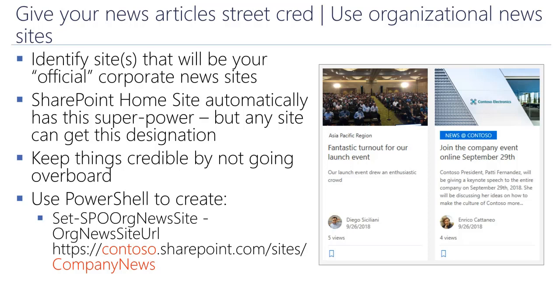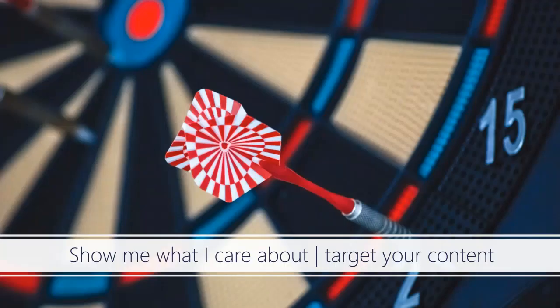So it isn't always blue. Your theme will be reflected, but that little article gets a little bit of a pop because you're designating it as coming from a site that is super important. And again, this only works for news pages, but it's another way to make your news pages even more important.